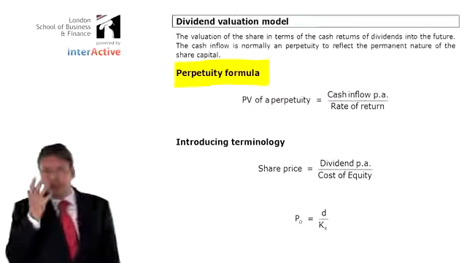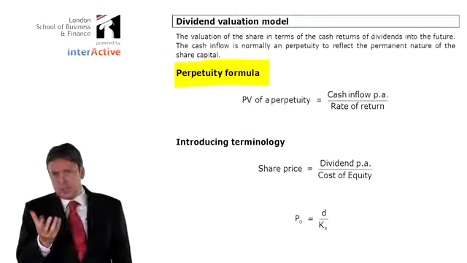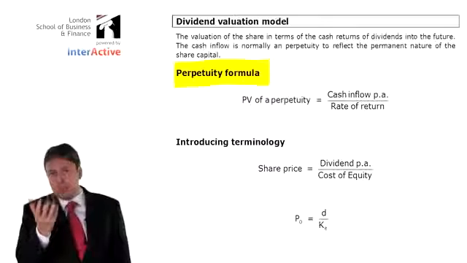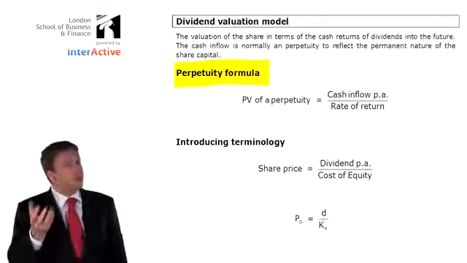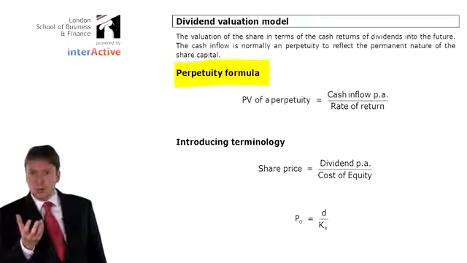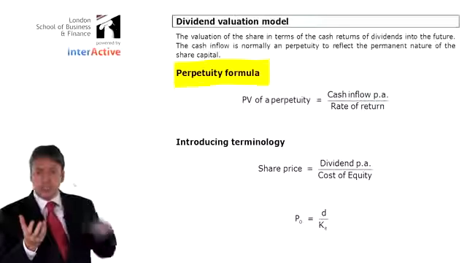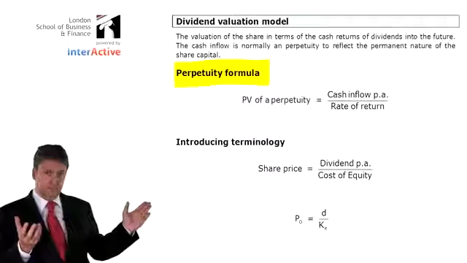You see, when you hold a share, there is no expectation when you buy a share that the share will be redeemed at any point in the future. And if it's not to be redeemed in the future, we could assume that the share will generate a dividend each and every year forever.